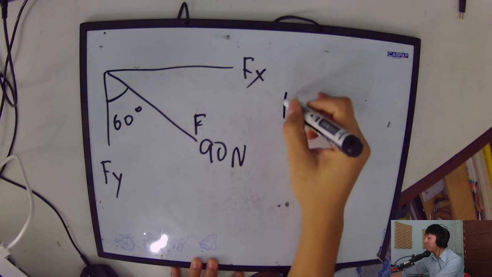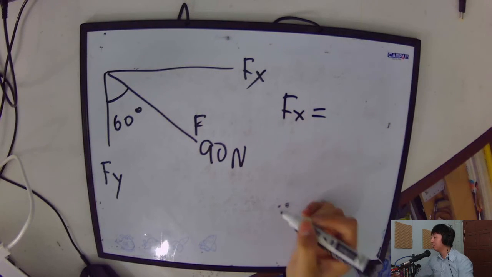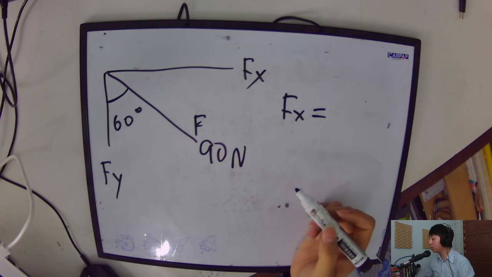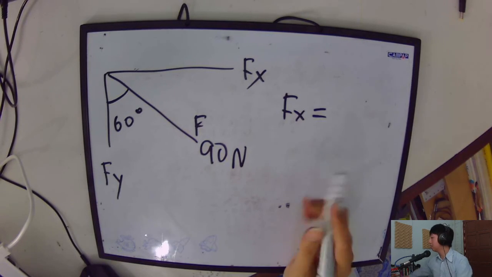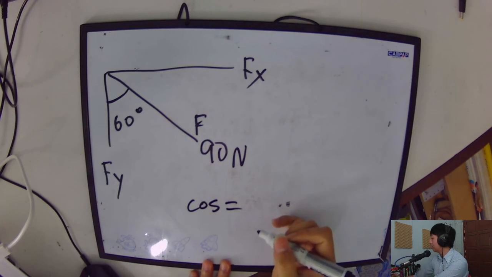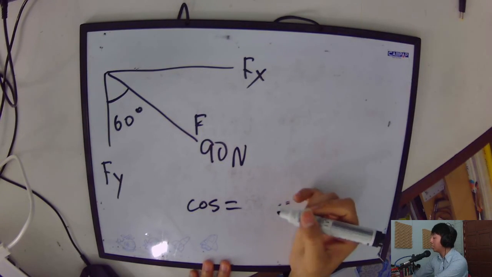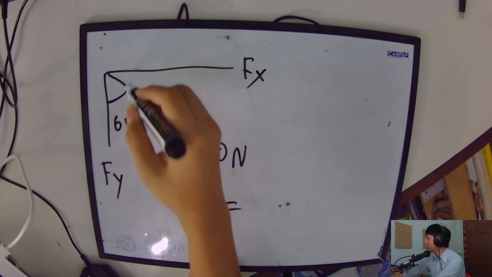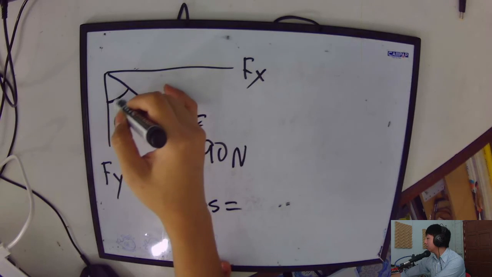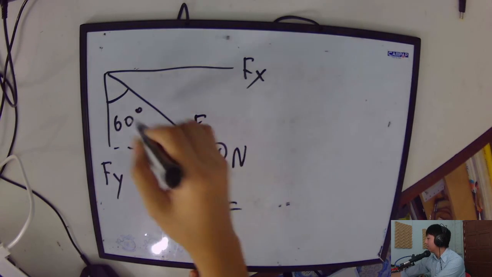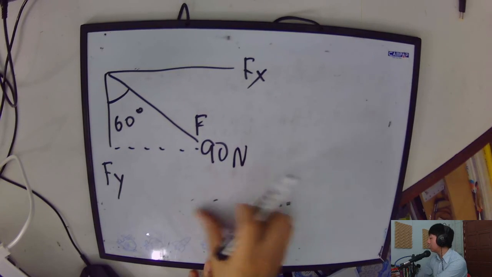This time, for Fx, we are not going to be using cos. Why? Remember, cos equals adjacent over hypotenuse, right? But for the angle, Fx is not adjacent. Fx is opposite. So instead of cos, we'll be using sin.